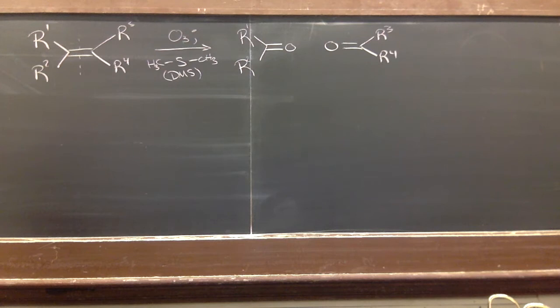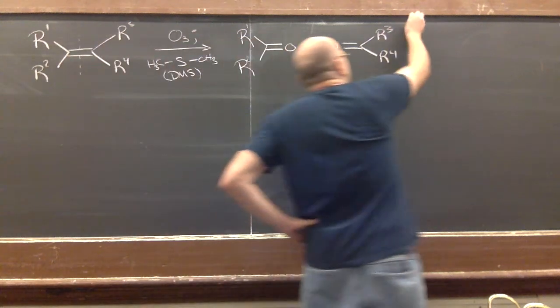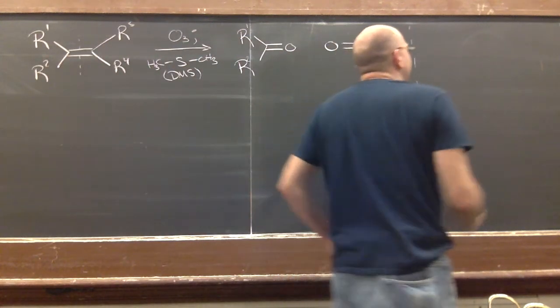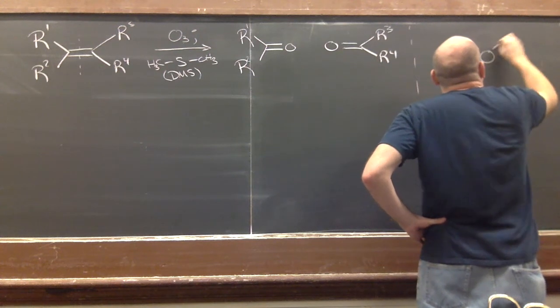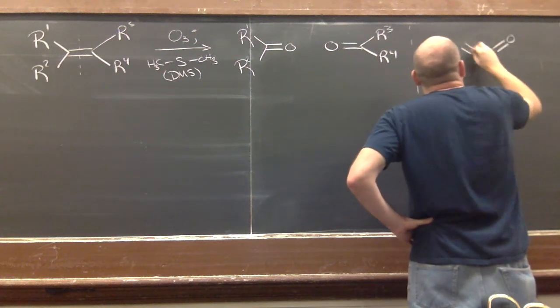as the reducing agent. Okay, so the first step of this reaction is what's known as a cycloaddition, which can be kind of challenging. It's not all that different from what we saw previously with osmium tetroxide. So let me just remind you guys about how osmium tetroxide sort of worked.